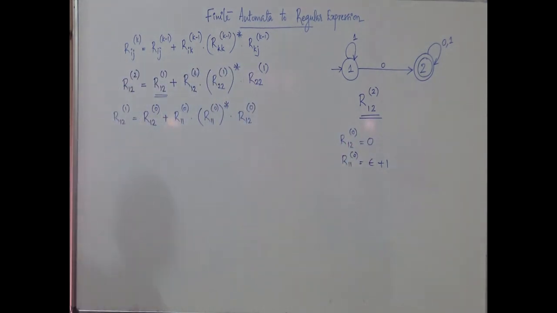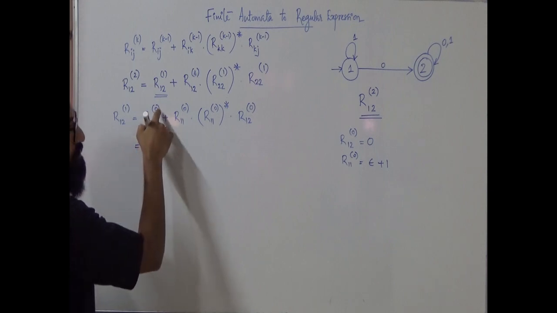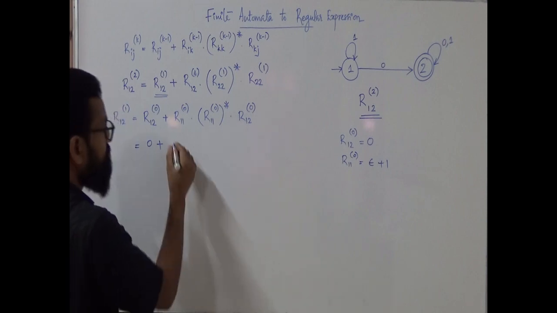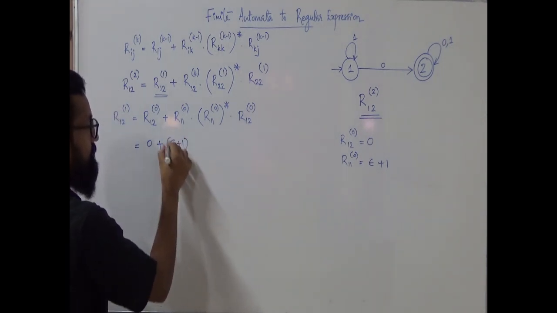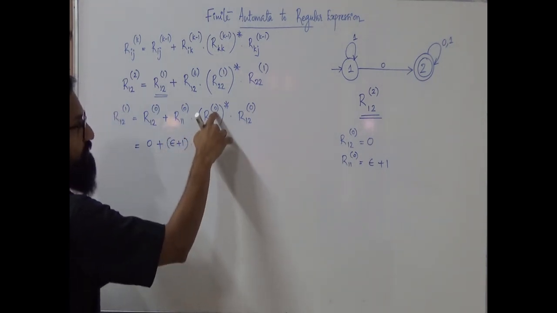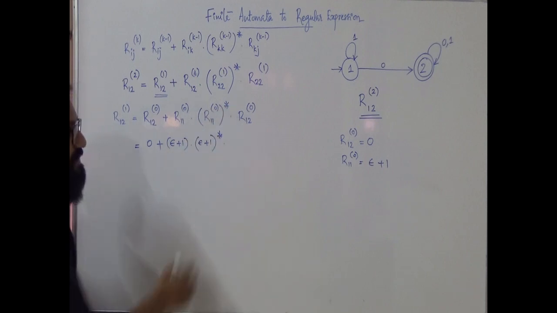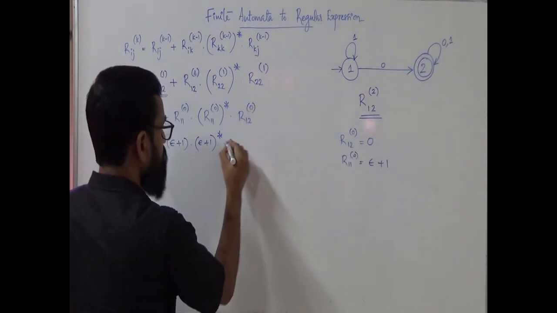Now substitute this: R12 of 0 is 0, or R11 of 0 is epsilon or 1, concatenated with R11 of 0 Kleene closure, that is epsilon or 1 Kleene closure, concatenated with R12 of 0 is 0.